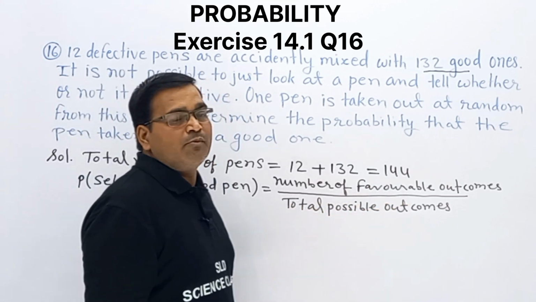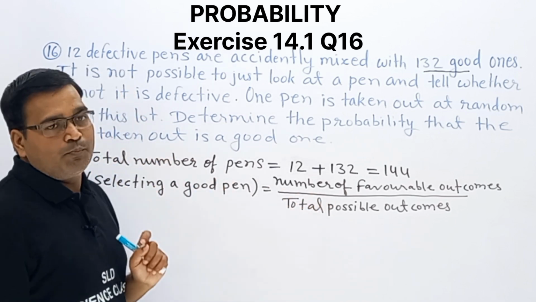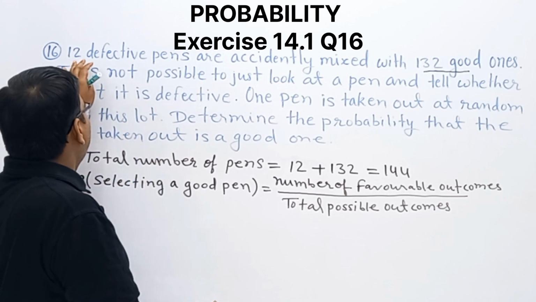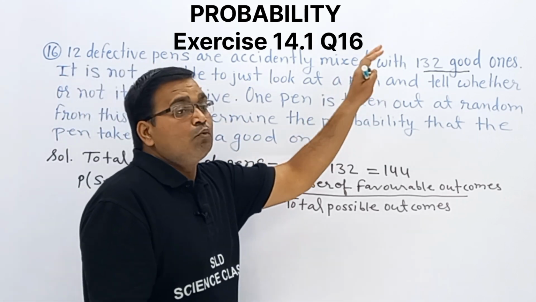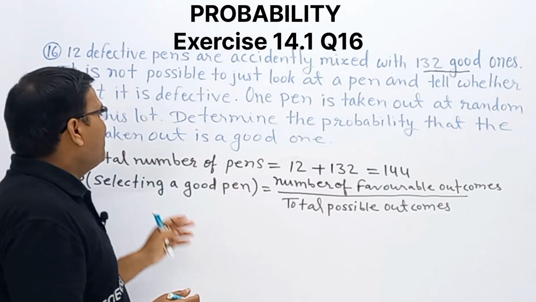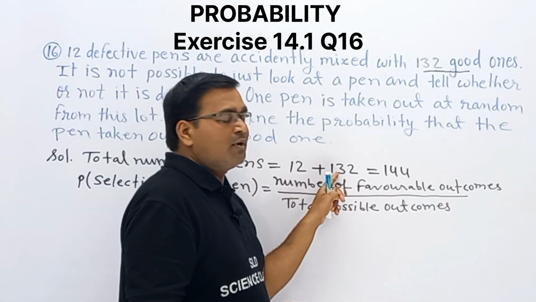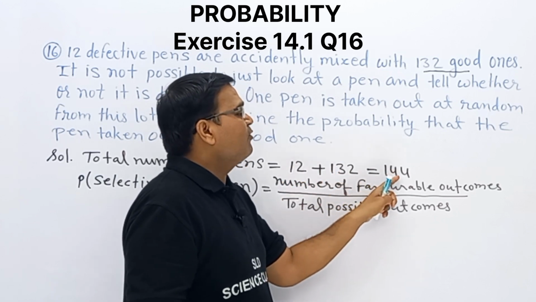Total possible outcomes will be the total number of pens. Once 12 defective pens are mixed with good pens, then total number of pens we are having is 144. 12 defective plus 132 good pens.